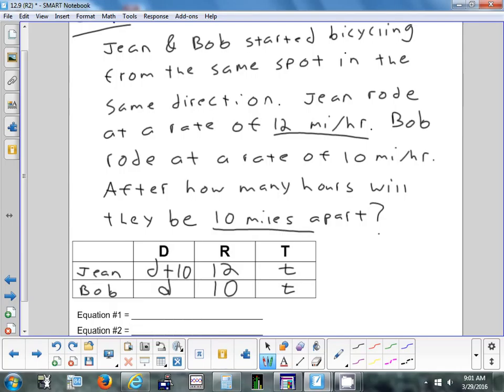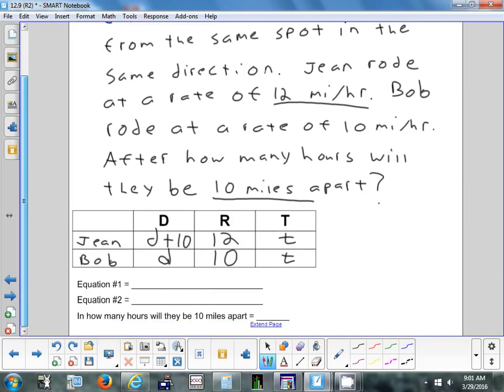Now this one is going to work out just like one of the first two. Two letters. We have a D and we have a T. So we're going to need two equations and we'll use substitution. So I guarantee you this problem is going to work out okay. All right. Let's start with equation 1 and equation 2.